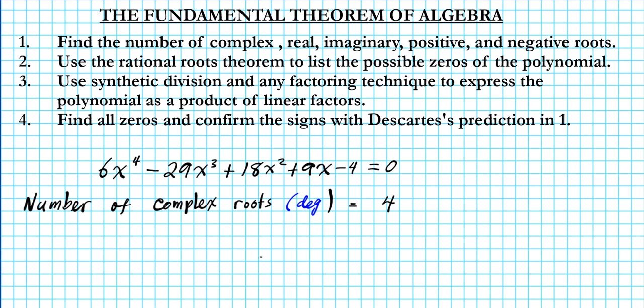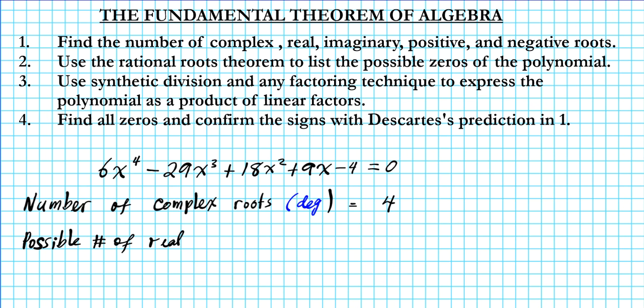Okay? Now let's take a look at the next part, the possible number of real roots. We know for a certainty that there will be 4 complex roots, and there could be a combination of real and imaginary roots. So let's look at the possible number of real roots out of the complex roots.